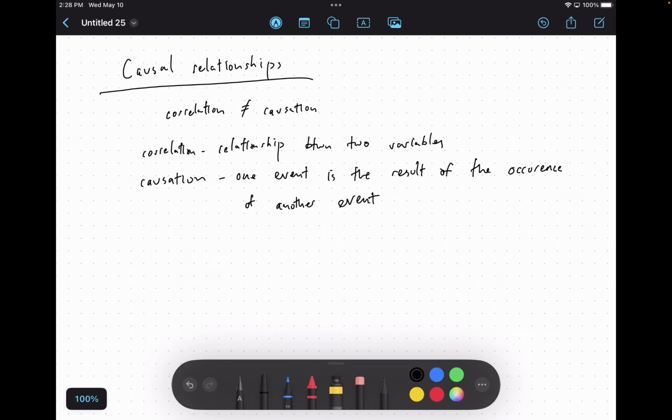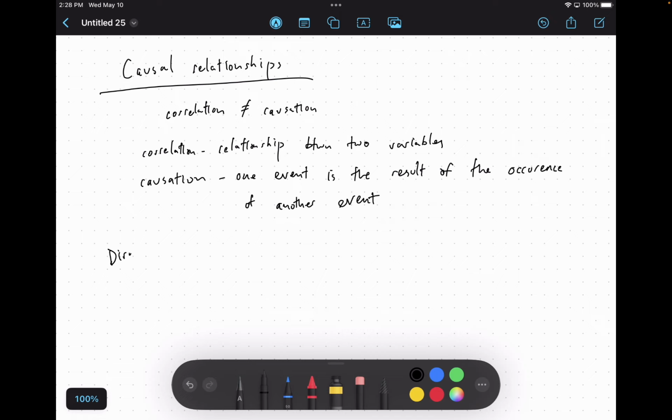The way that we're going to investigate this today is using something called a directed acyclic graph, also known as a DAG.